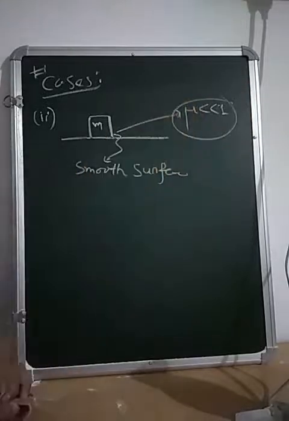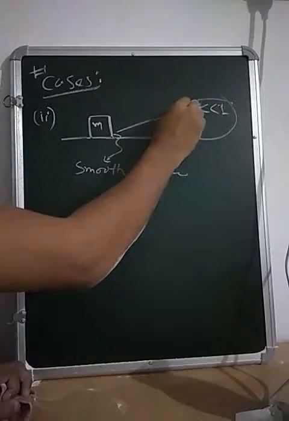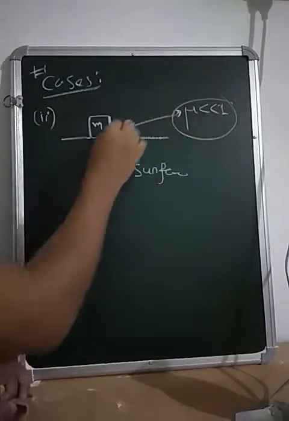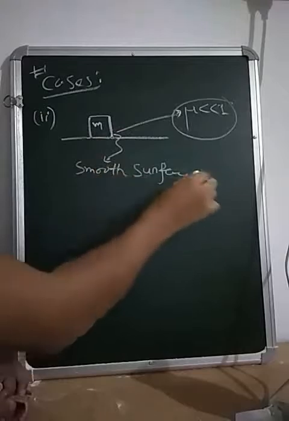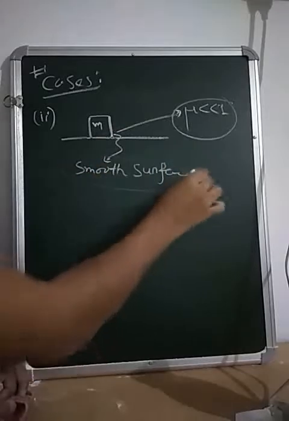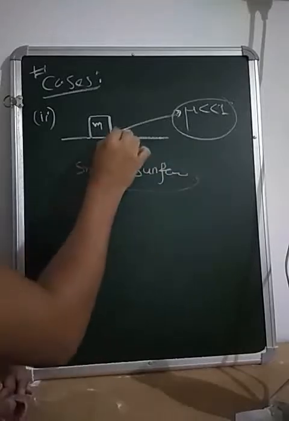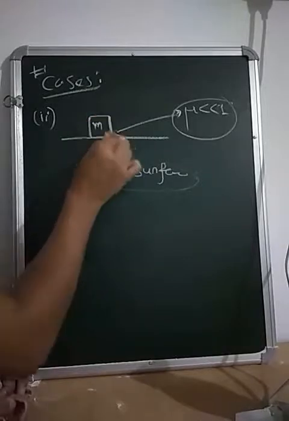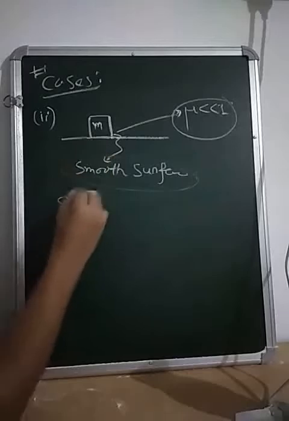What actually happens in this case? Because of the smoothness of the surface, the mass or body starts sliding.